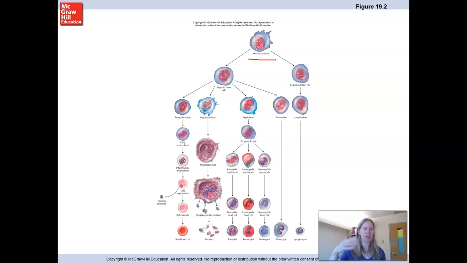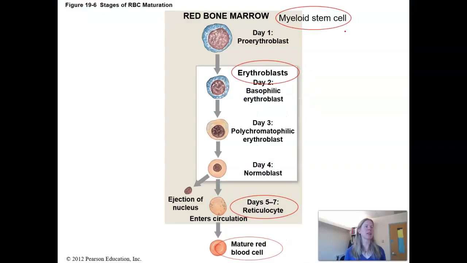And stem cells are just going to undergo mitosis and keep replacing themselves. But really early on, we end up with 2 different groups of stem cells. Myeloid stem cells basically make all of our cells except lymphocytes, and lymphocytes come from the lymphoid stem cell. So red blood cells are starting out from this myeloid stem cell lineage.